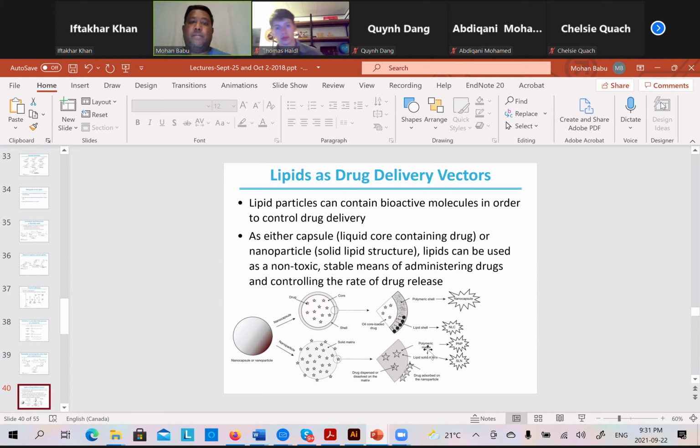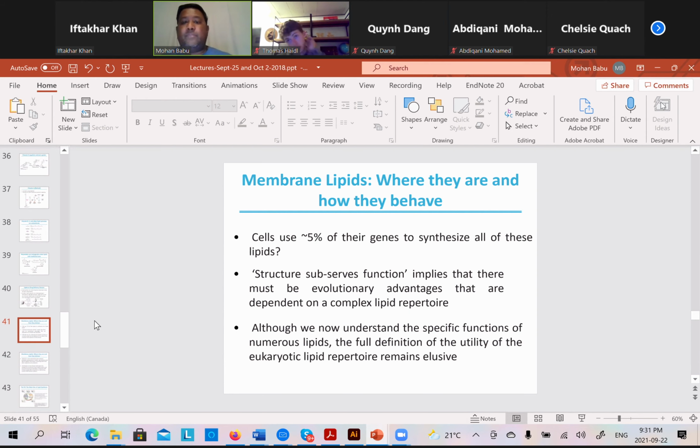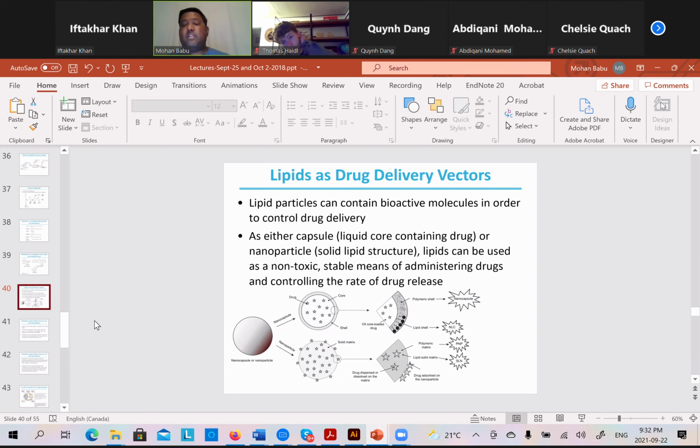Either we can use a nanocapsule, which has a liquid core containing the drug, or a nanoparticle, a solid lipid structure. Lipids can be used because they are non-toxic, they are very stable means of administering drugs, and especially you can control the rate of drug release.